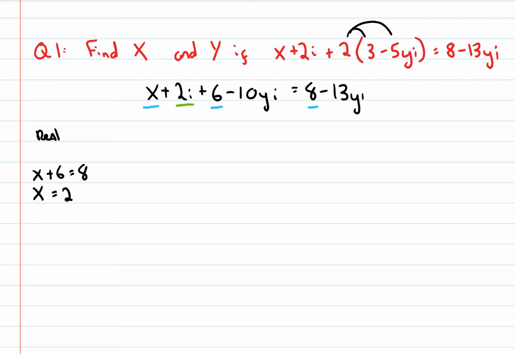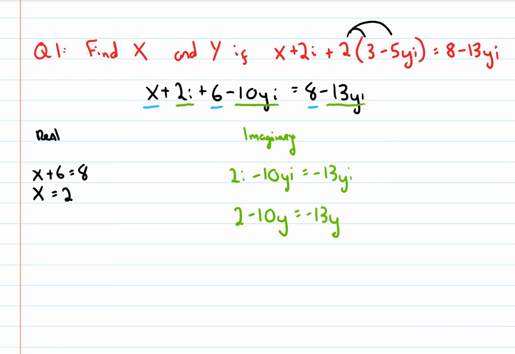We have 2i, we have the minus 10yi, and we have the minus 13yi. So for the imaginary parts, we have 2i - 10yi = -13yi. Remember, I can drop the i's, so 2 - 10y = -13y.